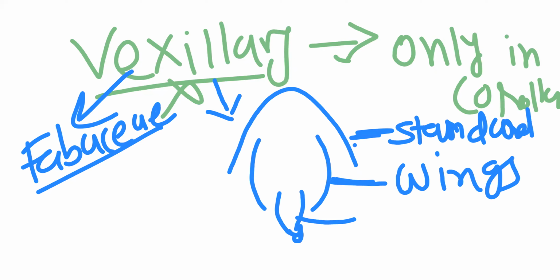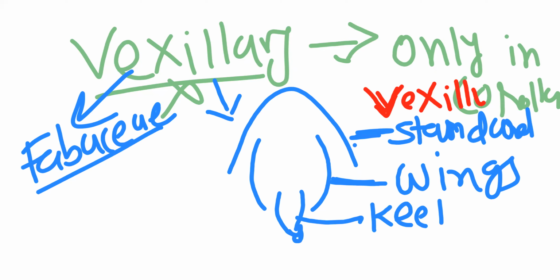Then next, these two small ones we call keel. Another name of the standard is vexillum. Wings are also called ala. Remember, the other name of wings is ala, and the other name of standard is vexillum.